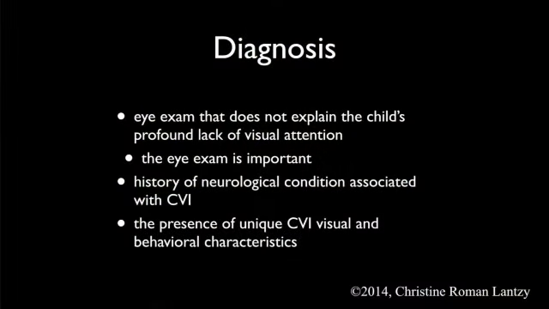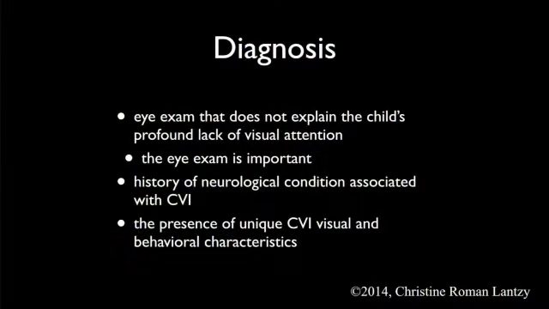The second diagnostic criterion is that children with CVI have a history of some big neurologic condition. That condition can be associated with damage to the brain, a chromosomal difference, or some other kind of functional difference that would be considered metabolic, like mitochondrial disorders.